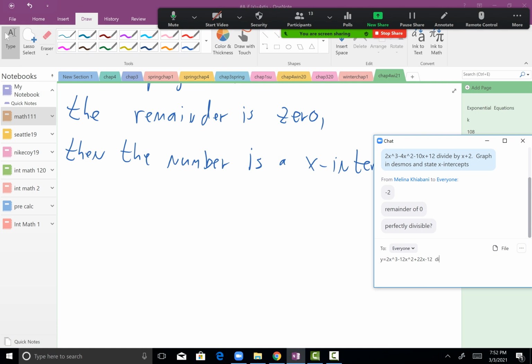All right, and we're going to divide that by x minus 1. See what happens. Tell me if x minus 1 is a factor. If x minus 1 is a factor, then that means that 1 is an x-intercept. So go check it out. Do synthetic division on it.